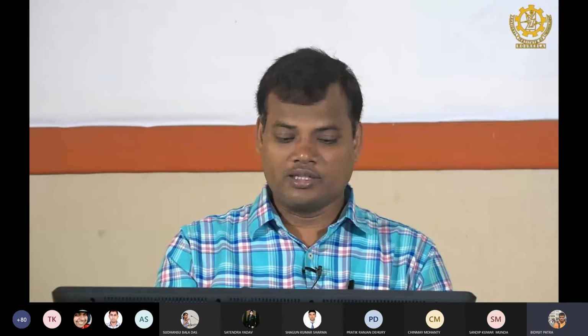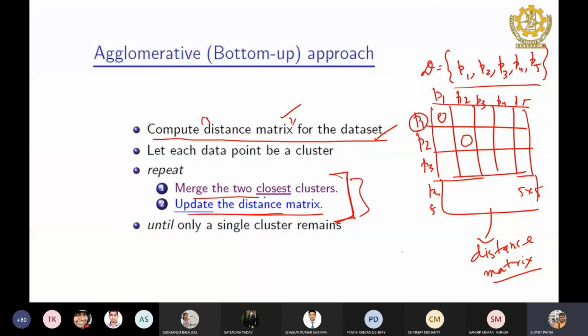So what you do in this step: merge the two closest clusters. This is very important. The second step is to update the distance matrix. The distance matrix represents the distance from one cluster to another. After merging two clusters, the distance between the merged cluster and the others will change, so you have to update the distance matrix.